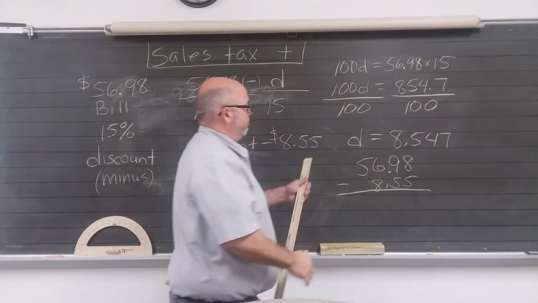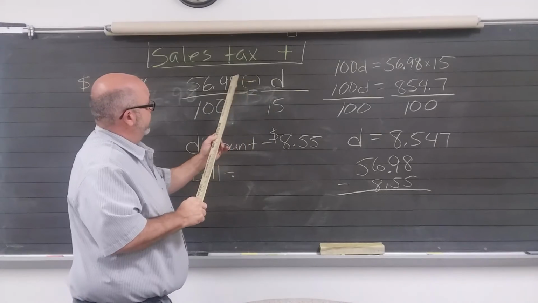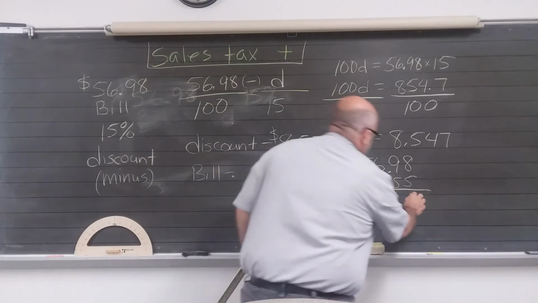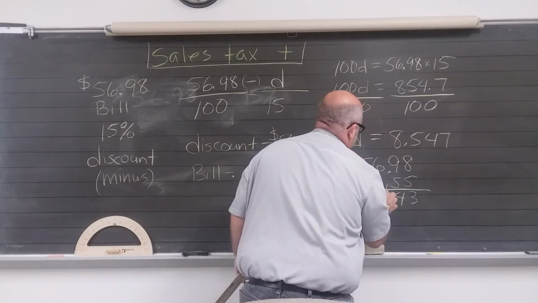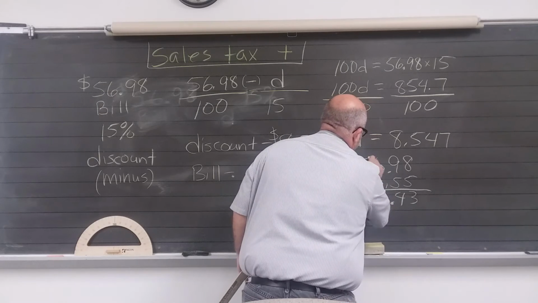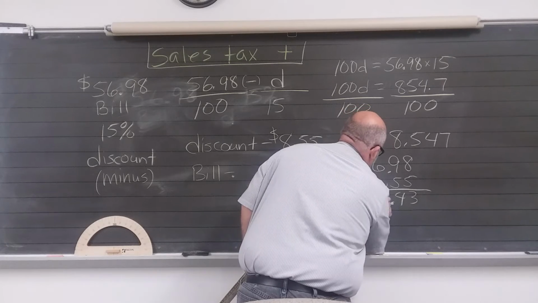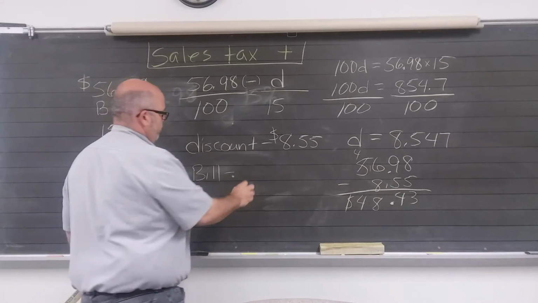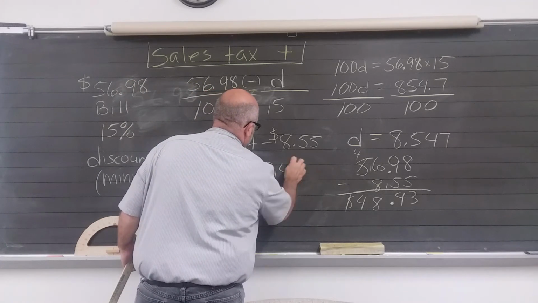See what's happening? Price minus the discount. Here's your discount. You're subtracting that. You want the discount, $8.55, but now subtract it. Make sure you have your decimals in the right place. $48.43 will be my total then. 48.43.